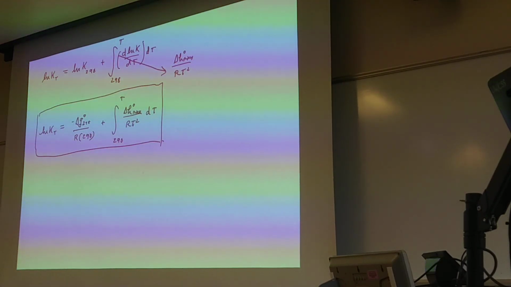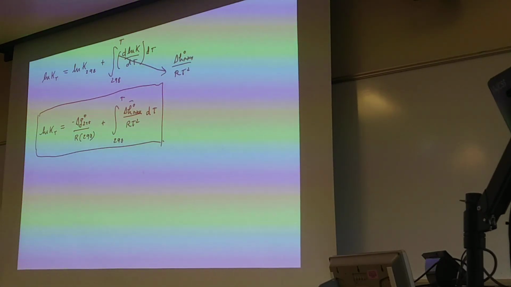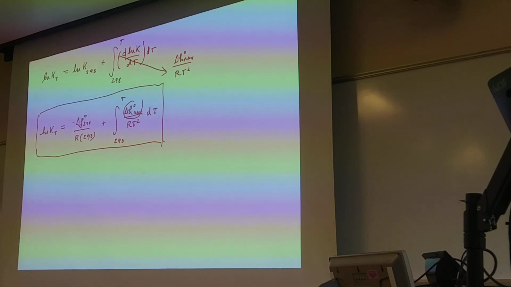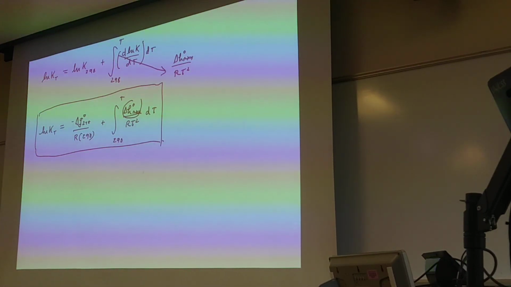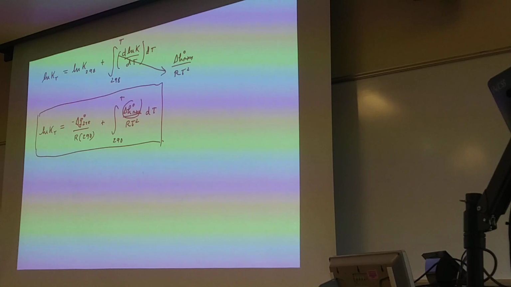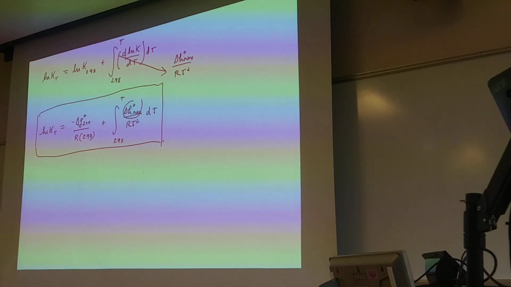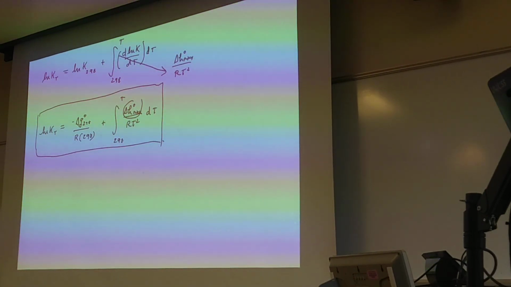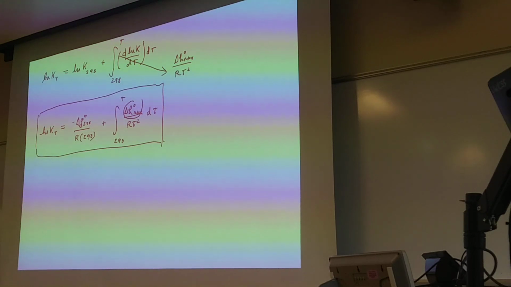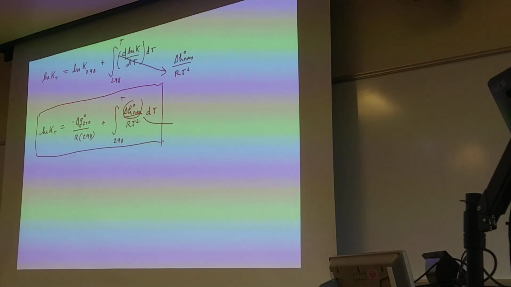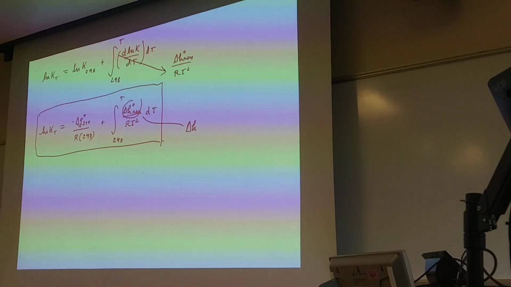And it's evident that we're going to have to deal with this. So the heat of reaction is what it says, and this is the standard heat of reaction. And I've written it here without any reference temperature, so that would be itself a function of temperature.